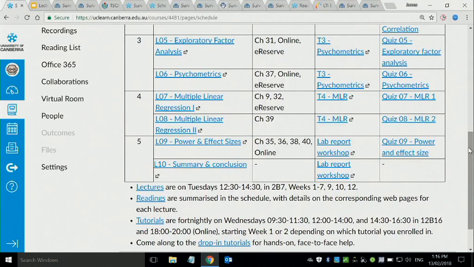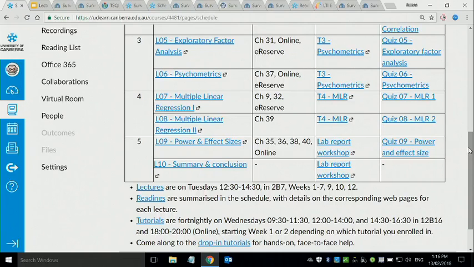So if you think of a personality factor inventory with 50 questions, there's probably 10 questions about extroversion, 10 questions about conscientiousness, 10 questions about agreeableness, etc. So it's the mathematics of working out which sets of variables belong together.